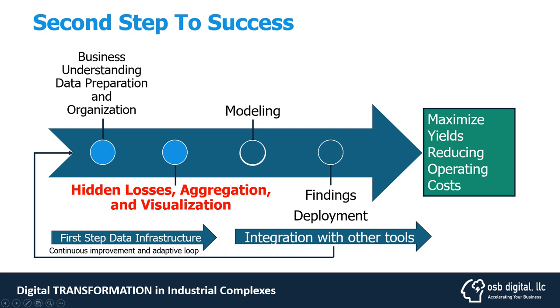So the second step is to aggregate the data when you have those disturbances and to identify the hidden losses and see exactly how much money you are losing while you do this operation. This is how you are passing the raw data that was collected for process control into the decision support system to see what you can do.